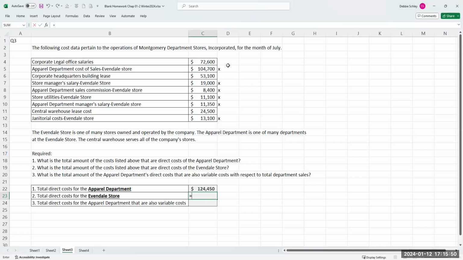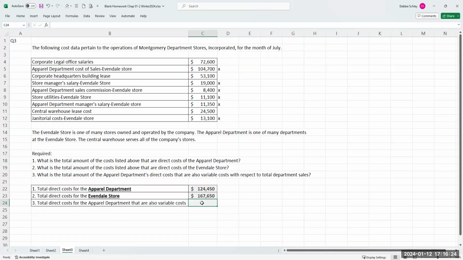So we're going to take the apparel department cost of sales plus the store manager's salary plus the apparel department sales commission plus the store utilities plus the apparel department manager's salary plus the janitorial cost, which gives us $167,650.